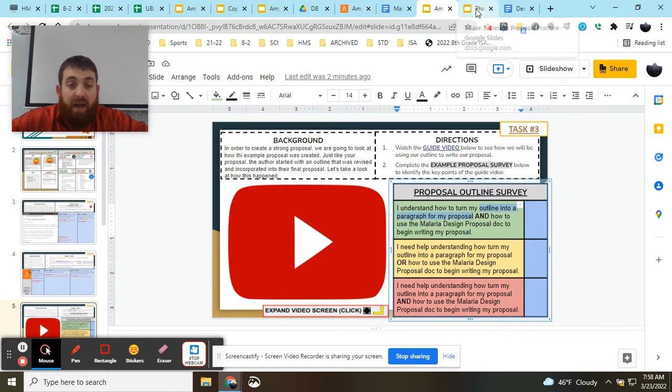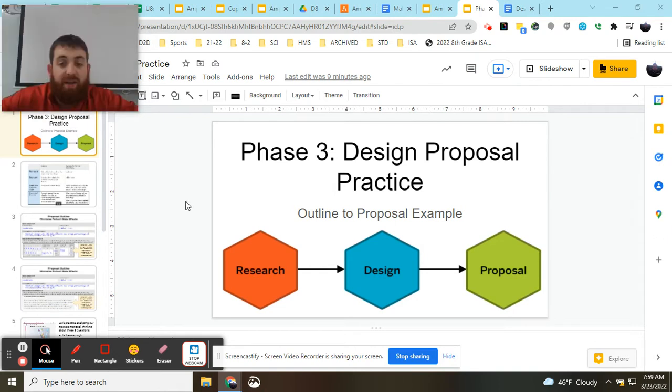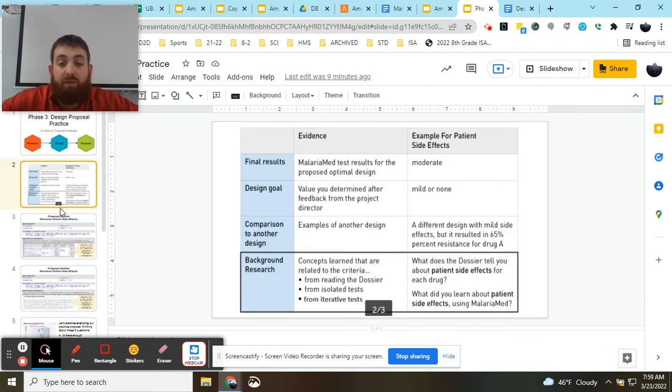Let's go ahead and take a look at how we are going to accomplish this. So we started our phase 3 by creating outlines that had our evidence for why our design proposal was optimal. We began by looking for evidence along with some information to help us organize our thoughts. We needed our final results for each criteria, whether it was side effects or cost, or the resistance level. We had to have our design goal.